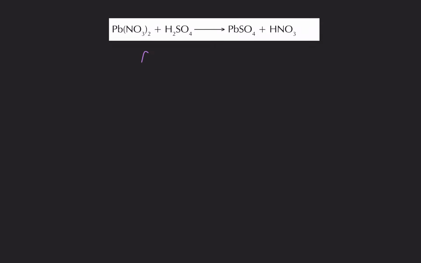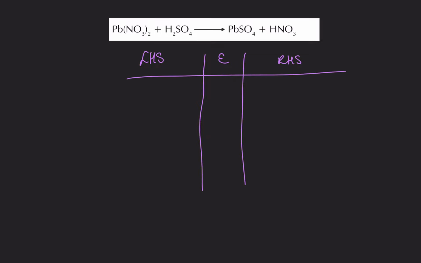Okay, let's go for it. So left hand side, element, right hand side. You can do up your table as usual. So I have the Pb, which is lead, nitrogen, oxygen, hydrogen and sulfur. I have one lead on that side, one lead on the right hand side.